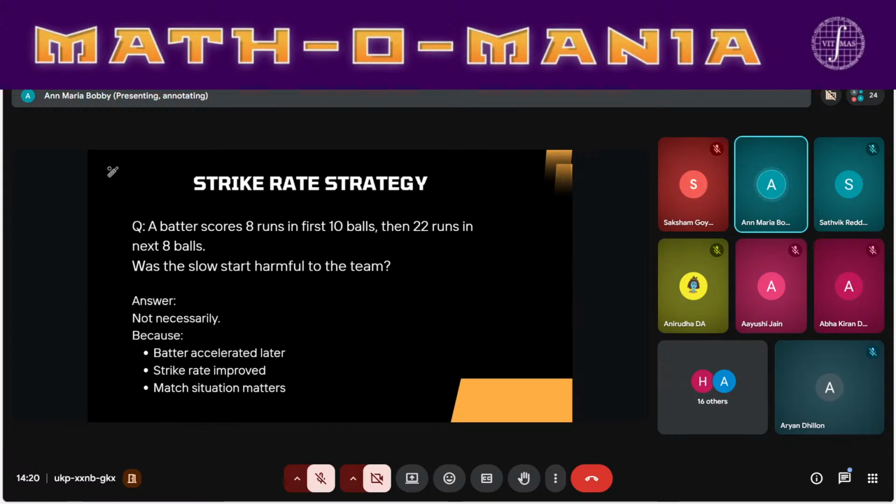So the match situation matters. The batter accelerated later. If he was scoring at the same rate throughout the match, it would be bad for the team. But since later on the strike rate increased, and he scored 22 in just 8 balls, it is pretty good. So it's not necessarily harmful to the team.